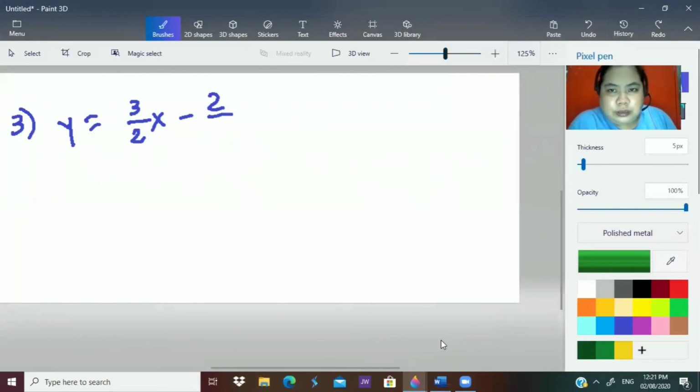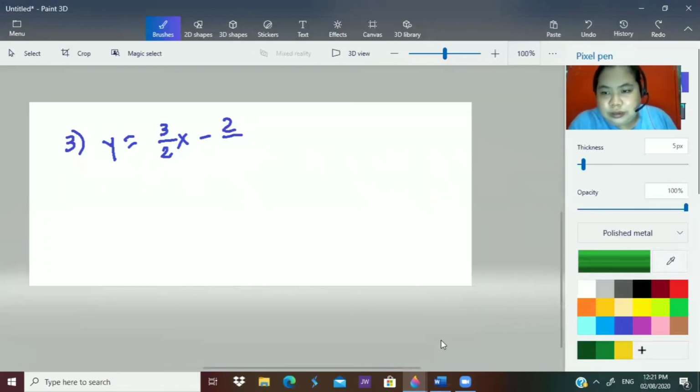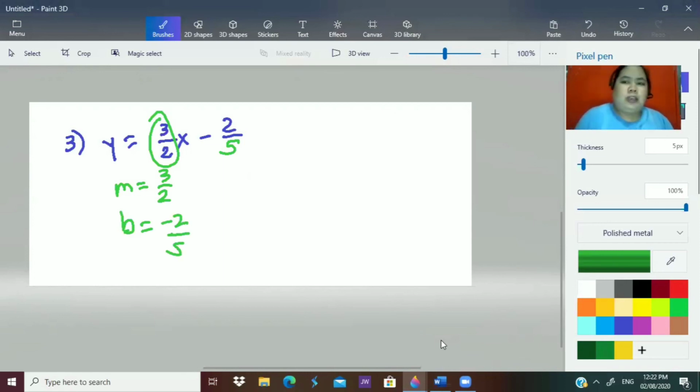Wait lang po. Okay. So your slope is, ayan na, naiba ng kulay. Anyway. So your slope is 3 halves. And your y-intercept is negative 2 over 5. Okay, so as simple as that.